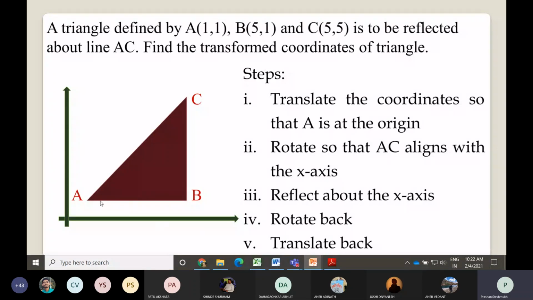Then translate back. If this distance is 1 1, so minus 1 1 will bring this A point to this origin, so to its original location. So Tx, Ty will be 1 1. So translate back. This is called an inverse rotation. This is called an inverse translation.